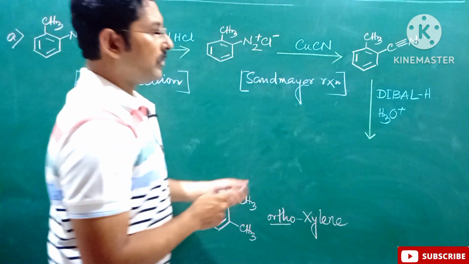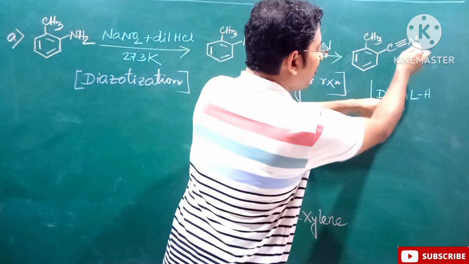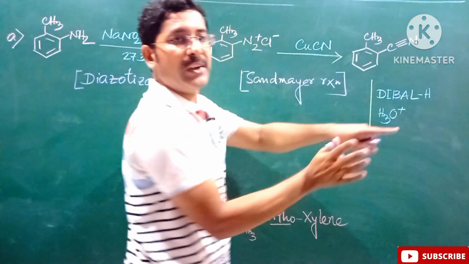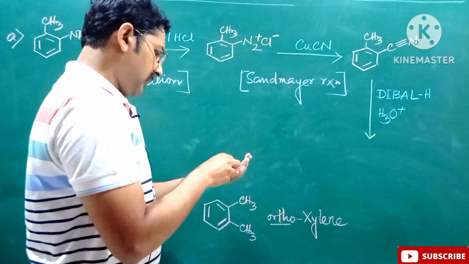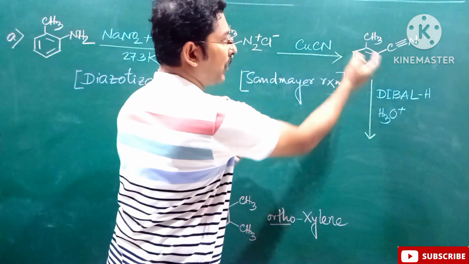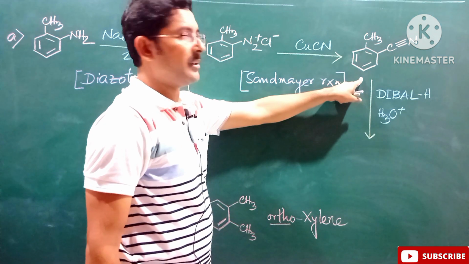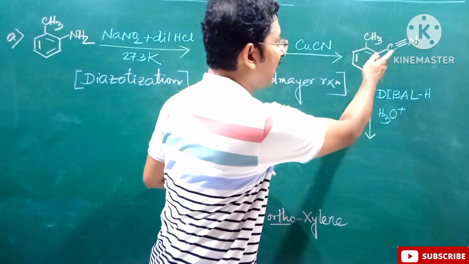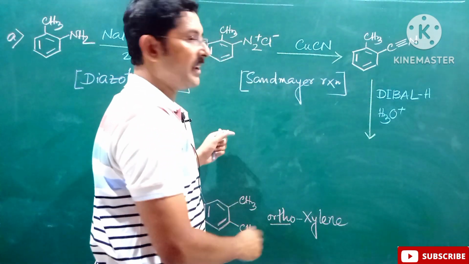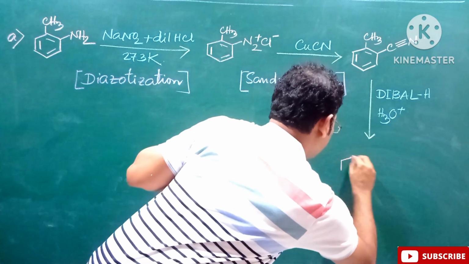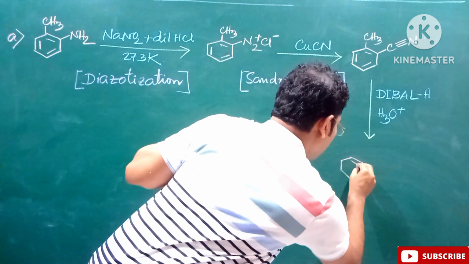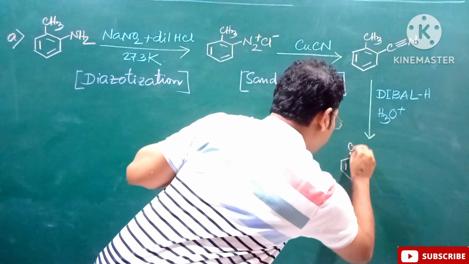DIBAL-H actually reduces this cyanide group into CHO, that is an aldehyde group, right? So it is actually a modification of the Stephen reduction. In Stephen's reduction, the cyanide group is converted into an aldehyde group. So this is actually the modification.